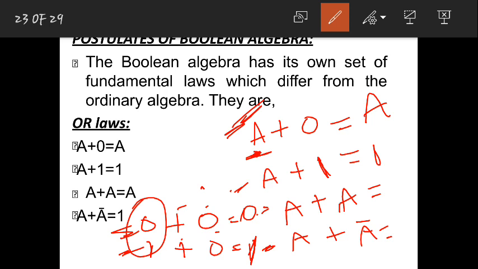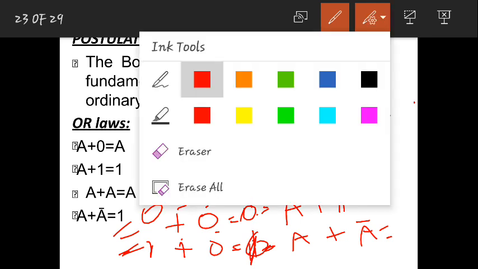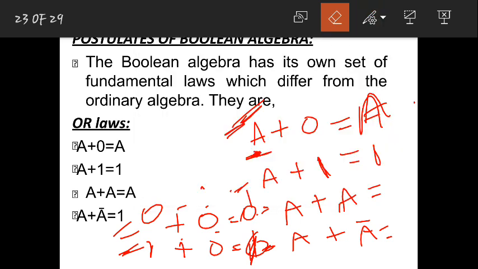If both are zeros, then the answer will definitely be 0. If both are ones, then the answer will definitely be 1. But here you are getting neither always 0 nor always 1. It is changing, which means whatever that something was here, that is what is showing in the result. Is that fine? So now this is done.